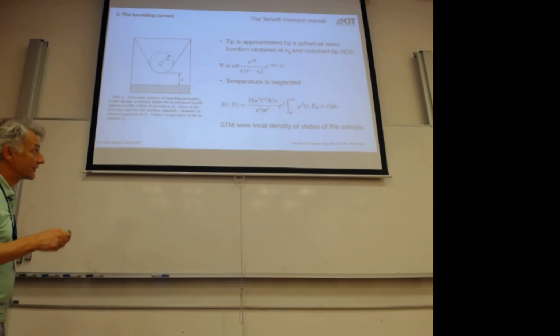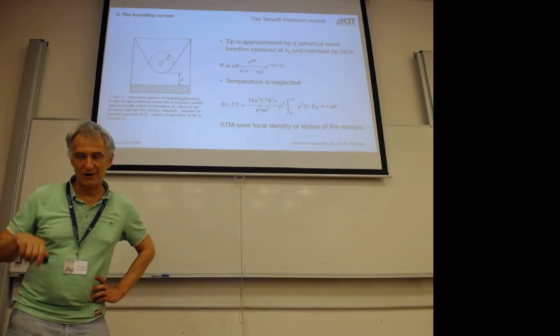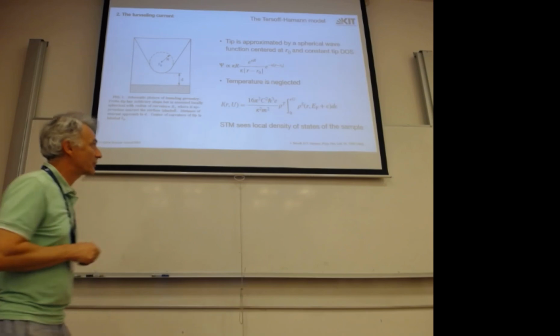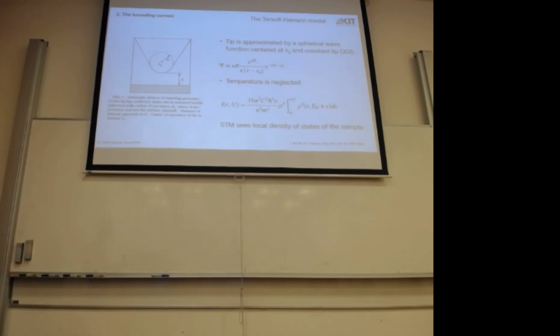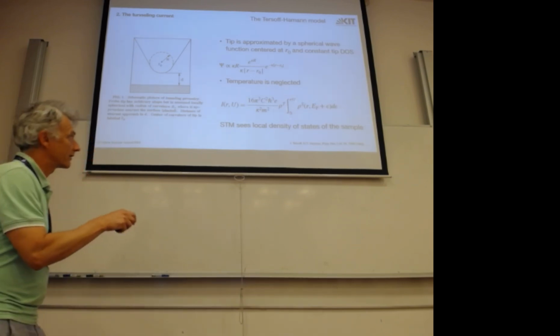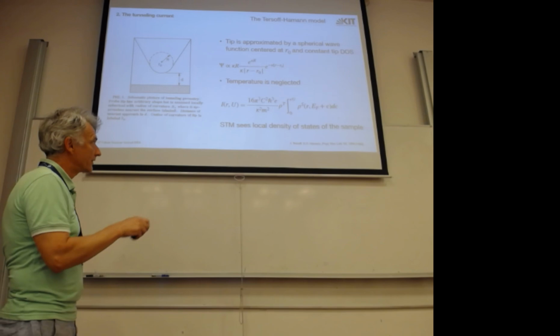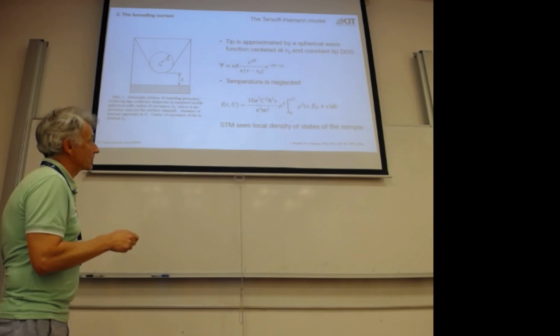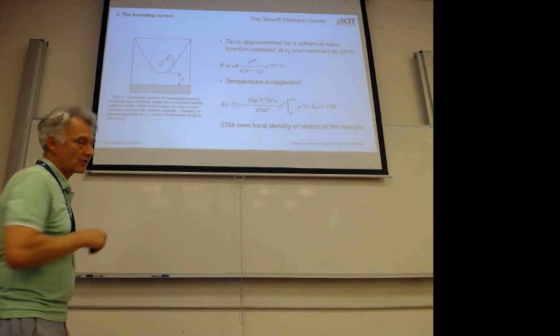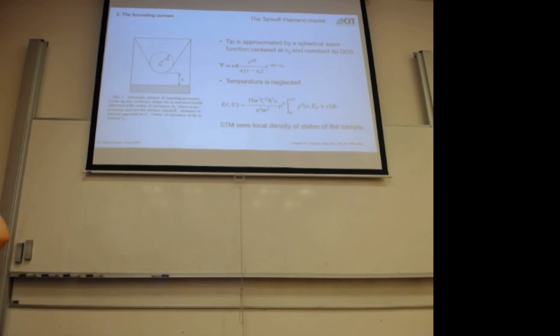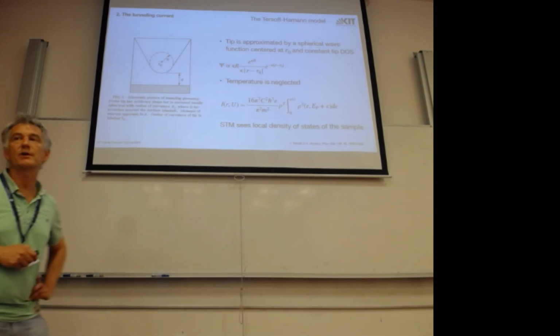Our tunneling current is the integral. Now I go to very low temperature, so from the Fermi functions I get a Heaviside function, and I get an integration window only between the two Fermi energies. Another approximation is that this is only one atom at the end, so this state at the end will be short-lived.